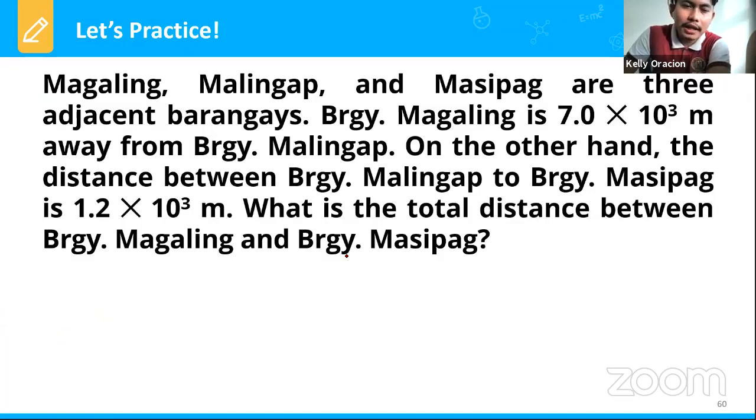And on the other hand, the distance between Barangay Malingap and Barangay Masipag is 1.2 times 10 raised to 3 meters. The question here, what is the total distance between Barangay Magaling and Barangay Masipag? Kindly chat your answer.